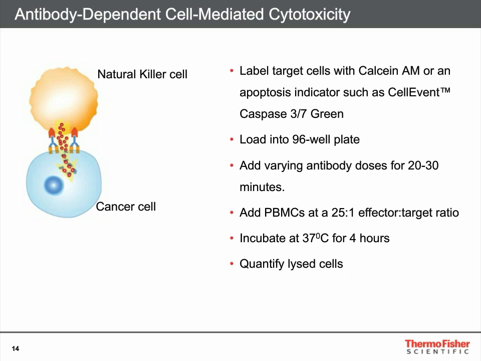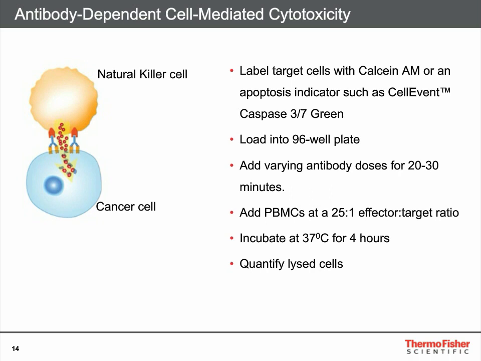Now we put these in an incubator, allow the ADCC to occur for 4 hours, which typically gives us a good window. And then in the case of calcein AM labeling, we expect our natural killer cells to lyse our target cell. In that case, calcein AM will leak out of the cancer cell and have a dim signal, which we can quantify with flow cytometry.